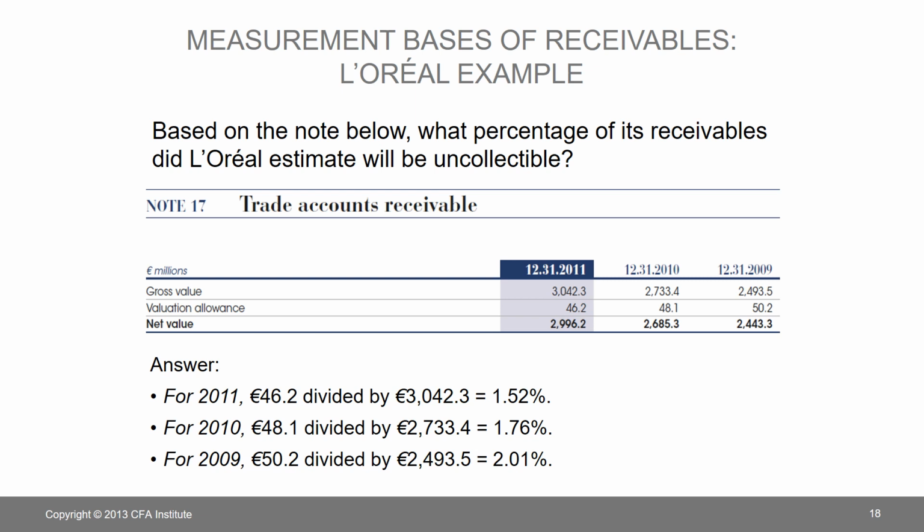L'Oreal's note further discloses that its group policy is to recommend credit insurance coverage as far as local conditions allow. So the non-collection risk on trade receivables is therefore minimized. This is reflected in the level of the allowance, which is less than 2% of gross receivables.